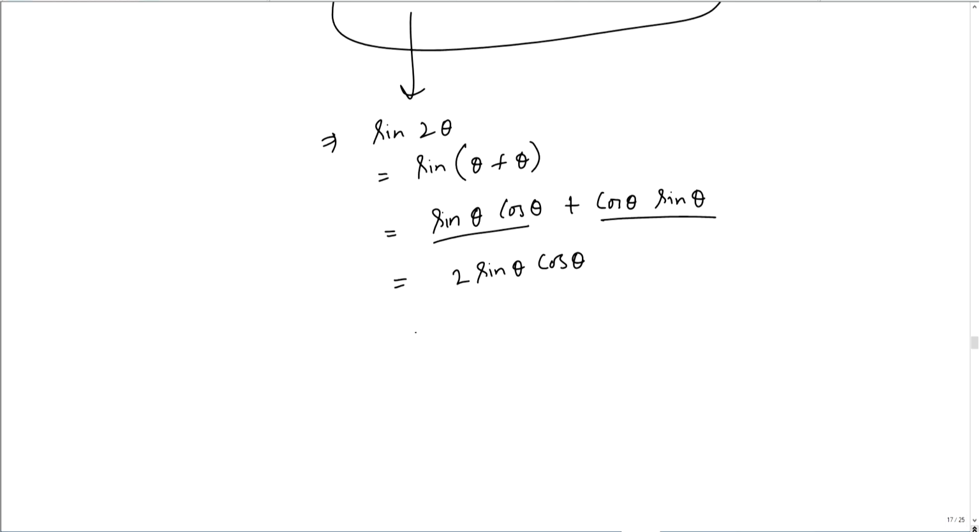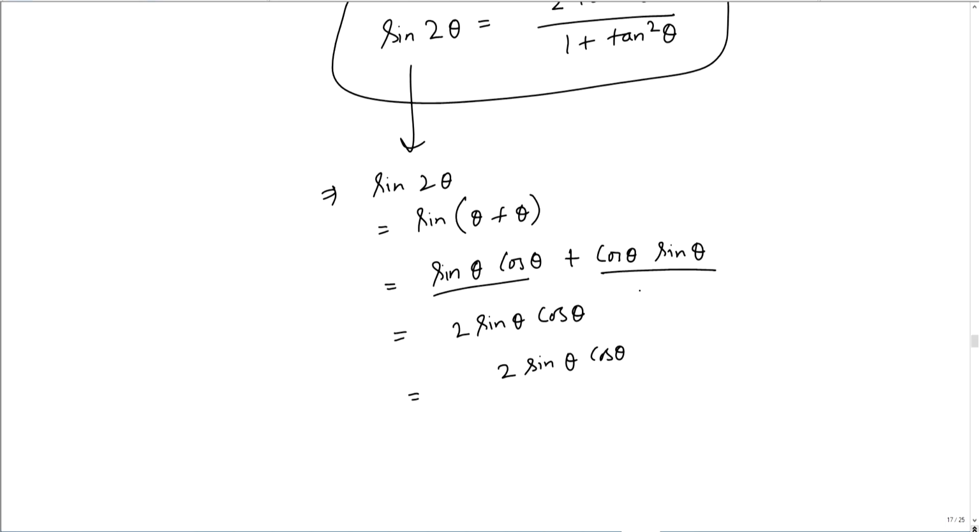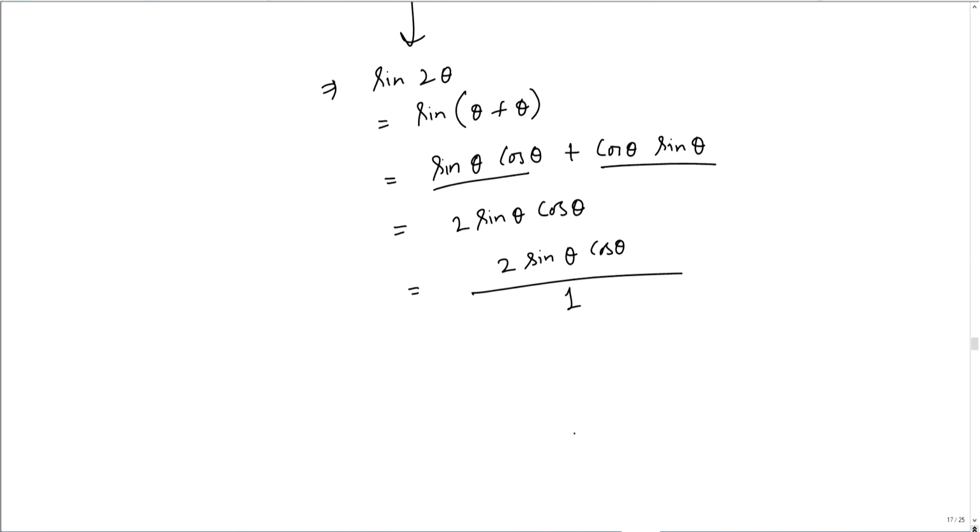Now what if I divide 2 sine theta cos theta by 1? So it would remain exactly the same. Nothing changes. So in the denominator there is 1. Okay. But can I rewrite 1 as sine square theta plus cos square theta? Why am I doing this?